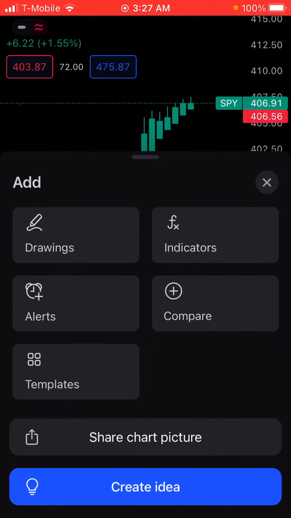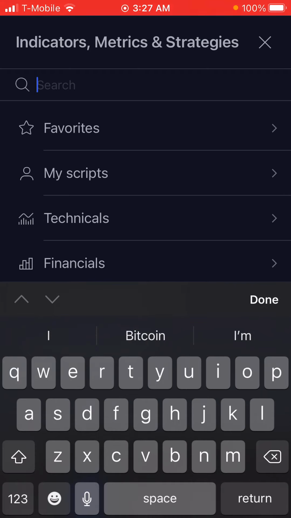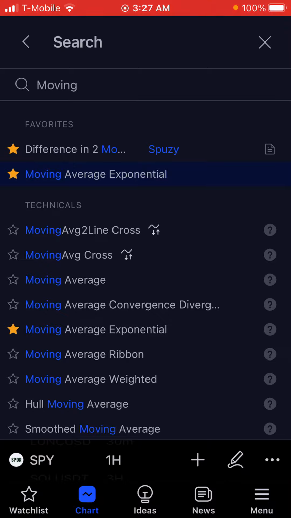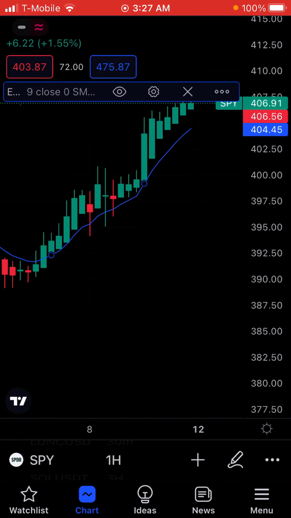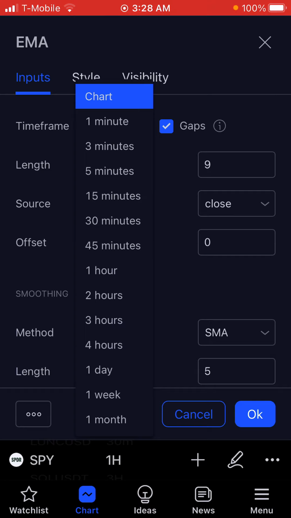The first one is the one I've been talking about the last couple videos, the moving average exponential. You just load that one up. Make sure your chart is linked to whatever minute or hour that you're looking at.